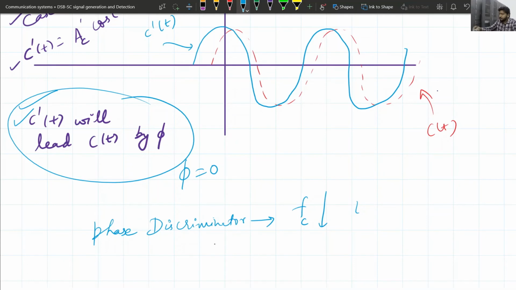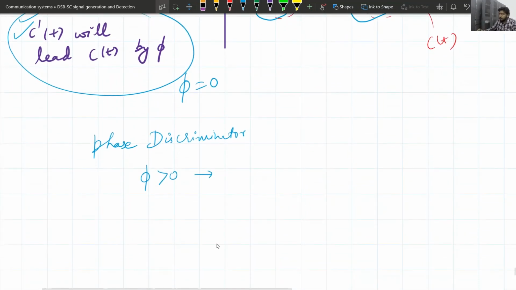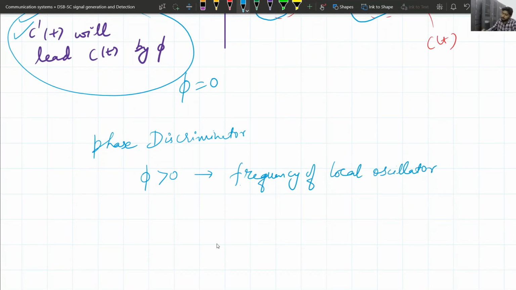Let me write a statement here. For phi greater than 0, the frequency of the local oscillator will be temporarily decreased.